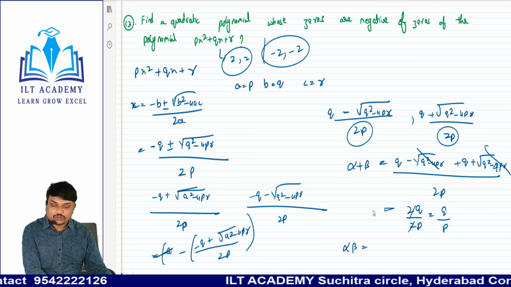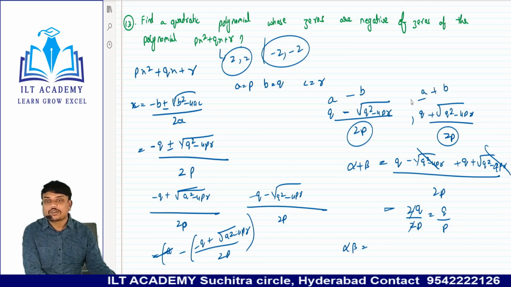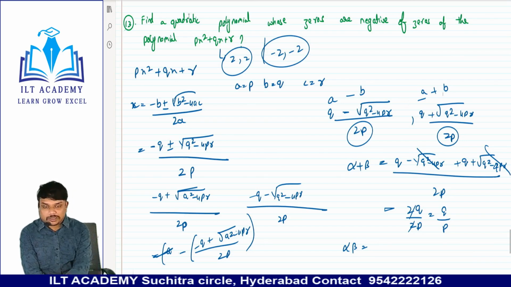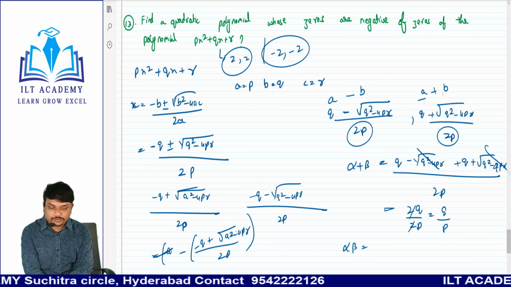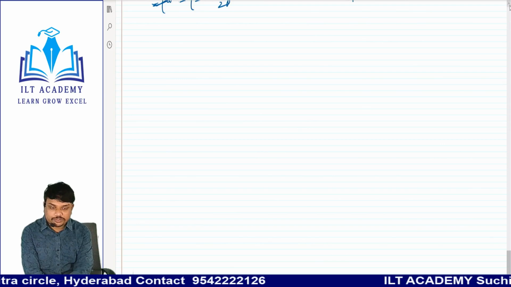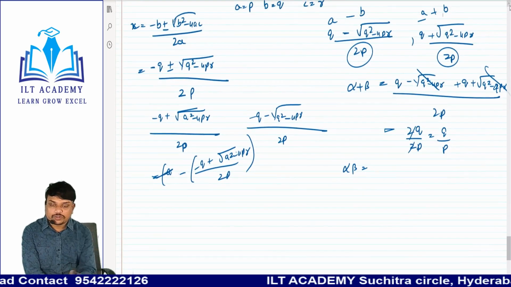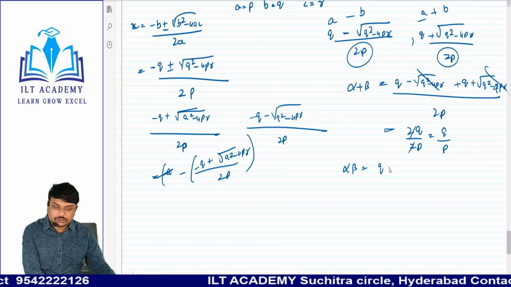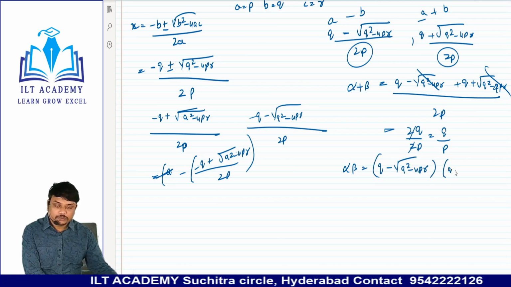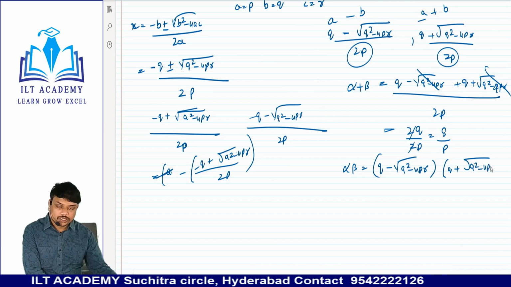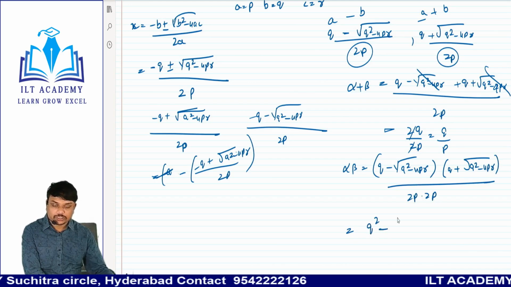Now alpha beta, we need to multiply these. Suppose this is a minus b and this is a plus b. You know the formula: a minus b into a plus b is equal to a square minus b square. So we multiply q minus under root q square minus 4pr into q plus under root q square minus 4pr divided by 2p into 2p, which is 4p square.